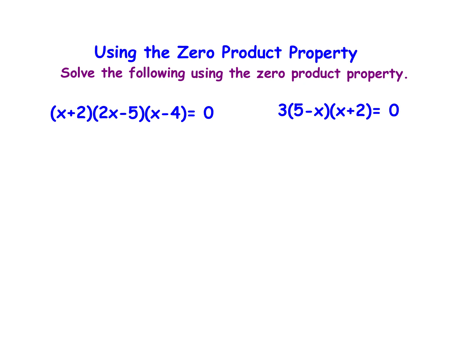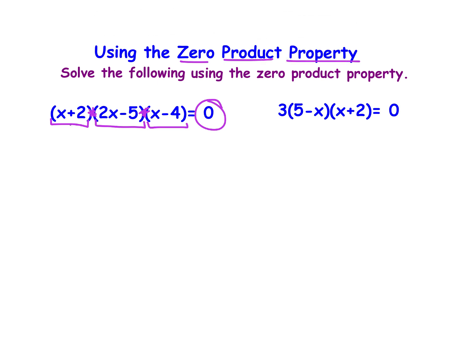So in these two examples, notice that we have 3 items being multiplied. So I have x plus 2 times 2x minus 5 times x minus 4. But the nice thing is the same property applies. We have something times something times something equals 0. That is the 0 product property.